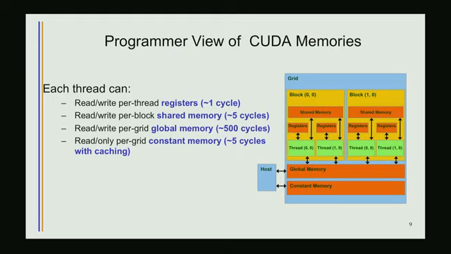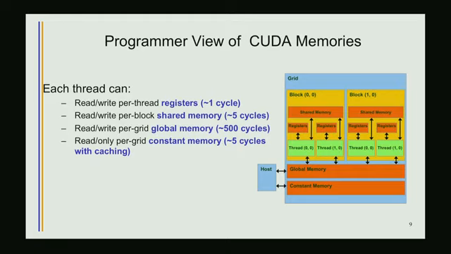Int x. It's just an integer. I don't care if it's in the register file, in the cache, or in the memory. It doesn't matter. It's just an integer. Now, in the CUDA world, we have to think about it. It has to be explicit as to where that thing lives. So part of our work as a programmer is going to be thinking about where that memory object lives best. And these memories all have different characteristics.